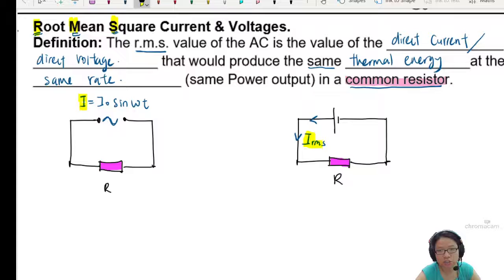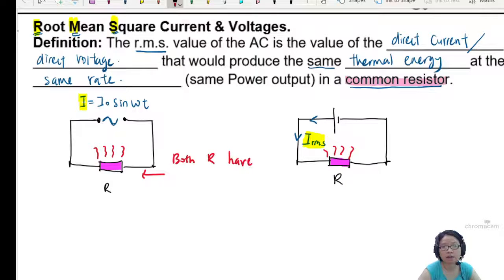And the relationship by definition is such that both resistors are going to heat up the same way. So this resistor will get hot and this resistor will get hot, and they will have the same power output.